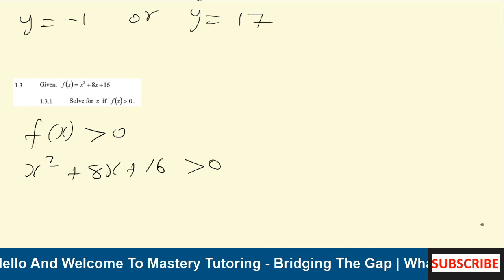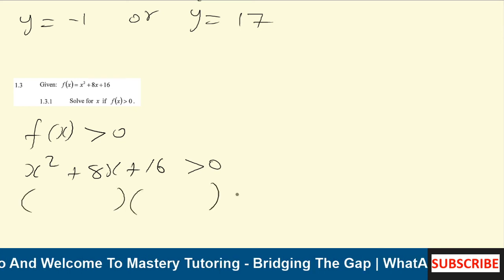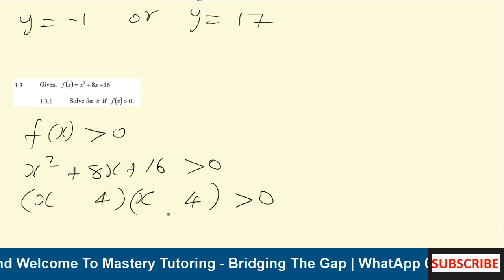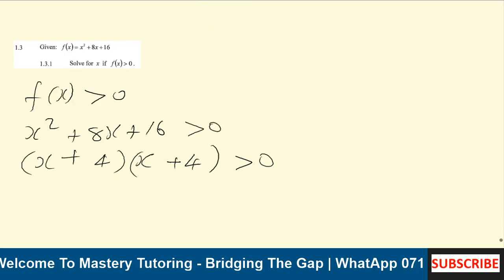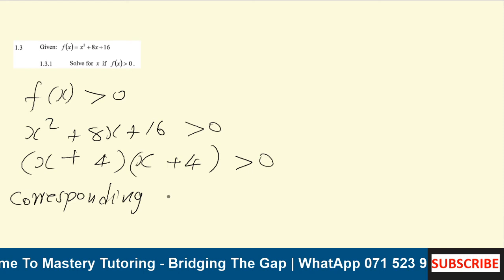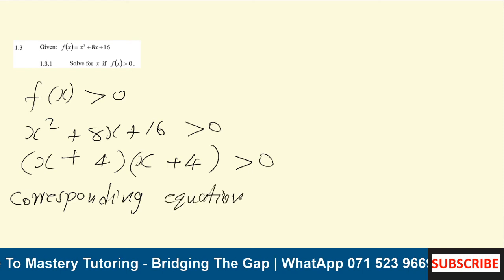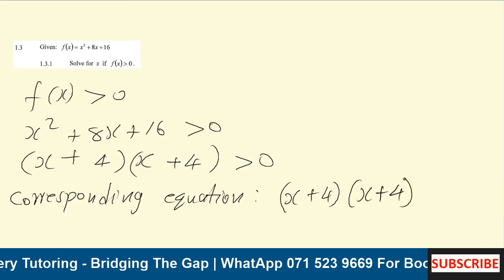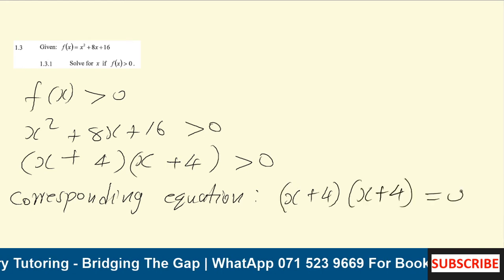Now we're going to factorize this. So the corresponding equation is going to be x plus 4 times x plus 4 is equal to 0.